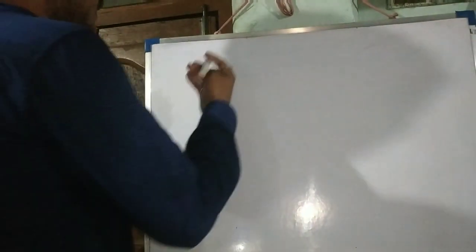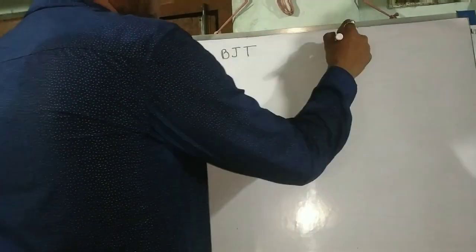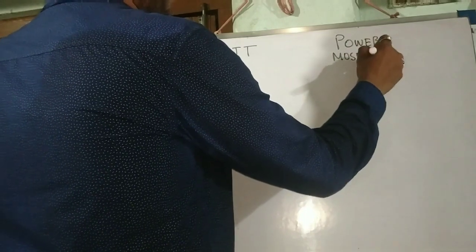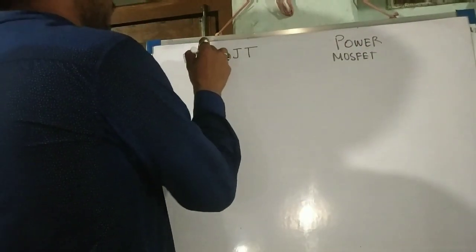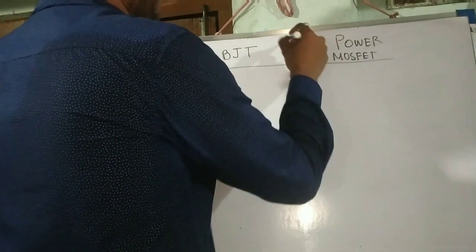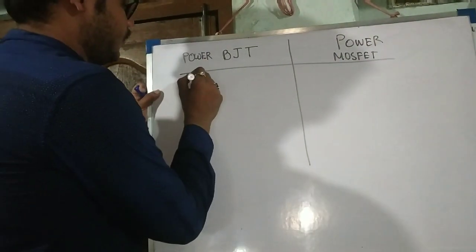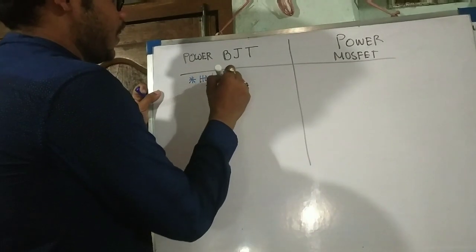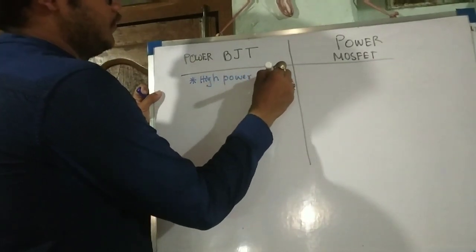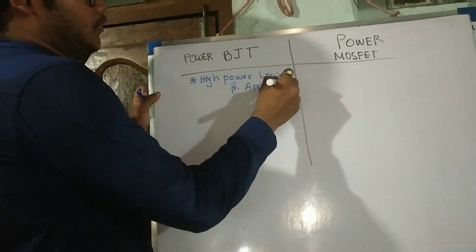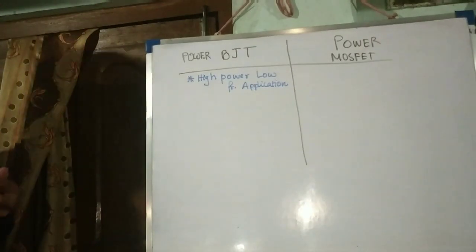So let us see now what are the differences between BJT and power MOSFET. In BJT, it is used for high power and low frequency application.